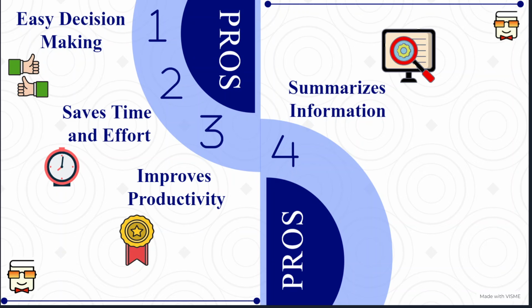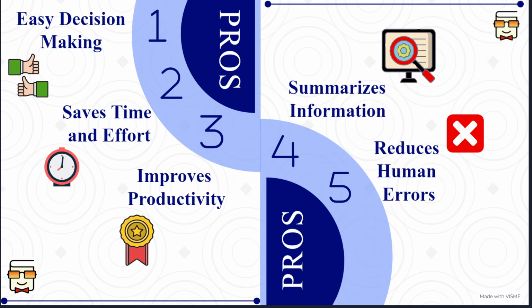So not only is MIS responsible for providing information from data, but it is also providing that information in a summarized form, to the point, and well presented so that it is easy to understand and take actions on.